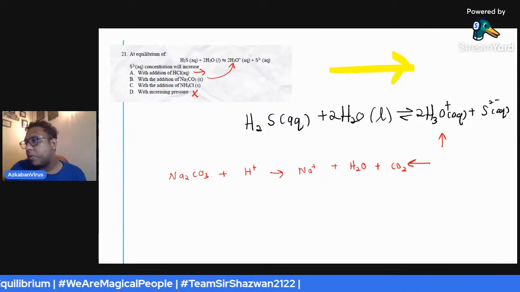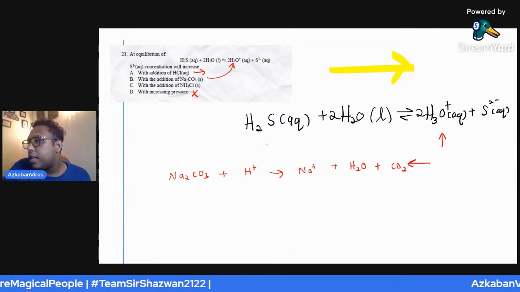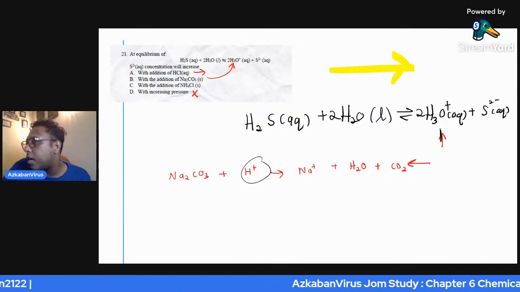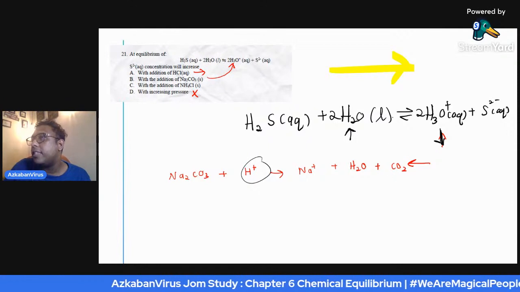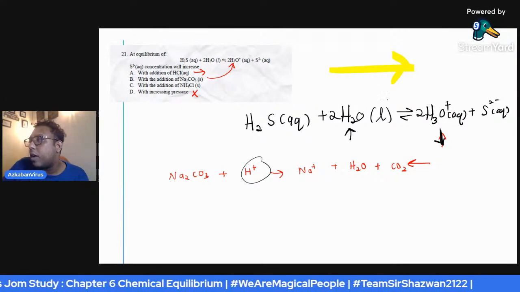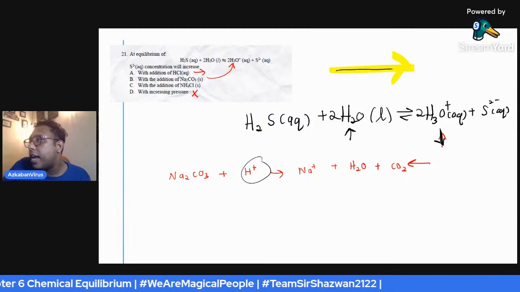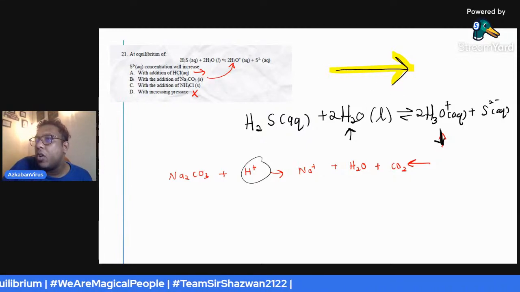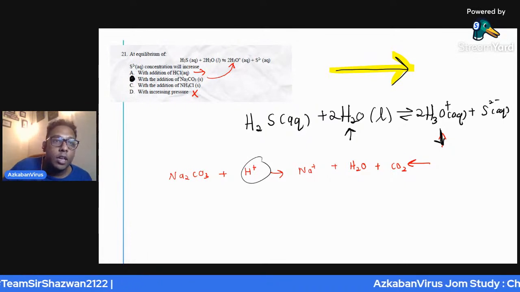Okay. So, bila dia menghasilkan ni, apa berlaku adalah dia mengurangkan H3O+. Ini terkurang. Ini meningkat. Bila ini meningkat, sistem kata, oh, aku tak cukup. Aku ada terlebih H2O, aku ada kurang H3O+. Therefore, dia akan shift to the right menyebabkan concentration of S2- meningkat.